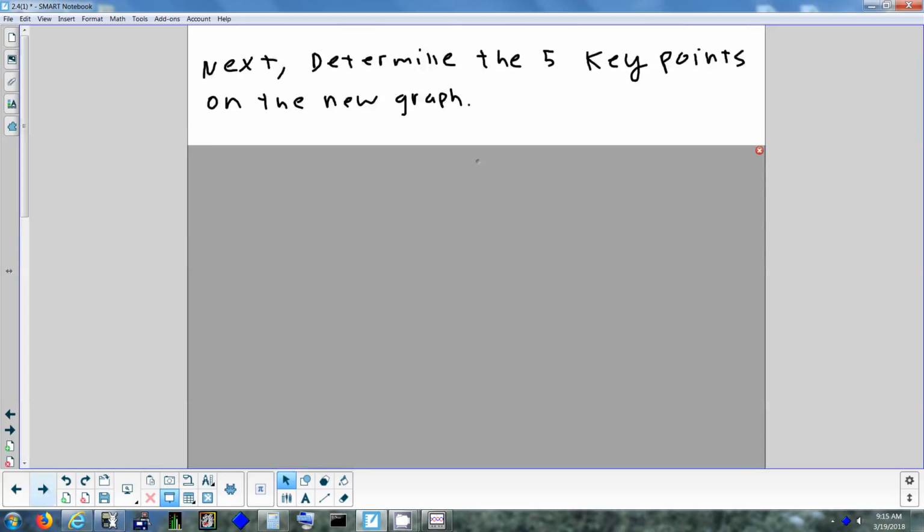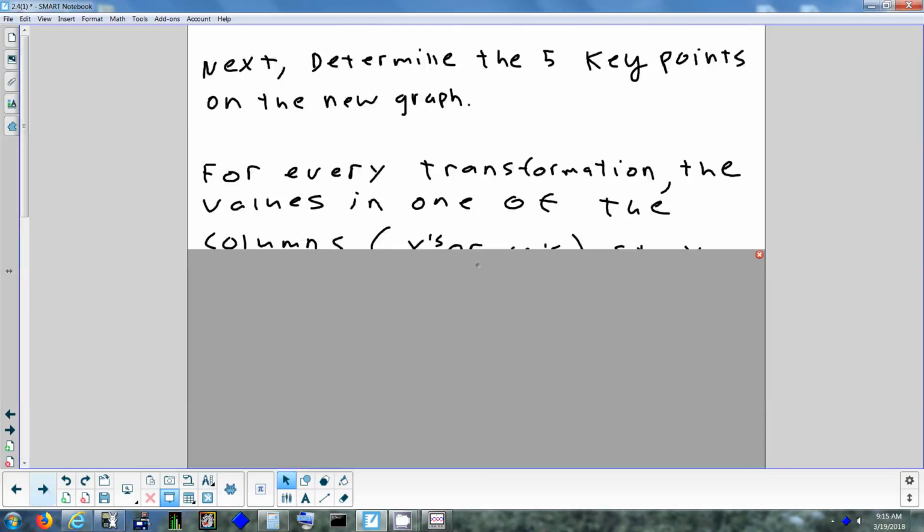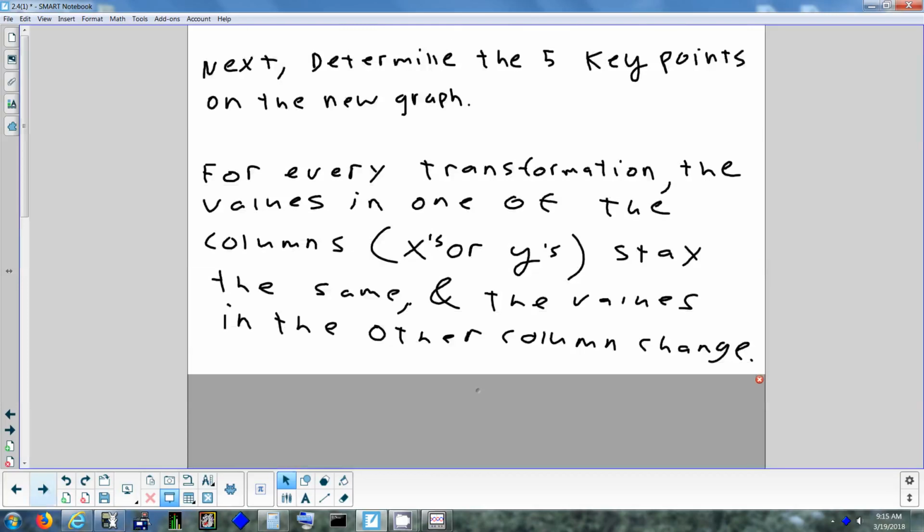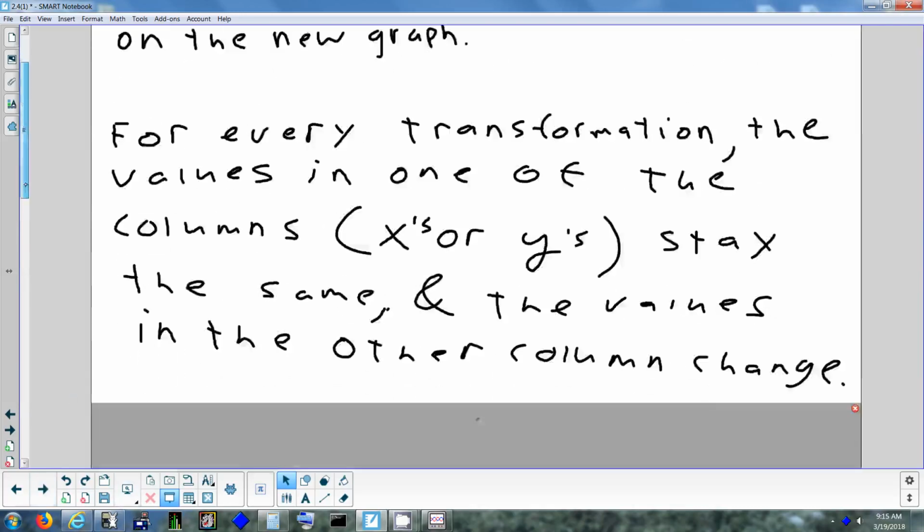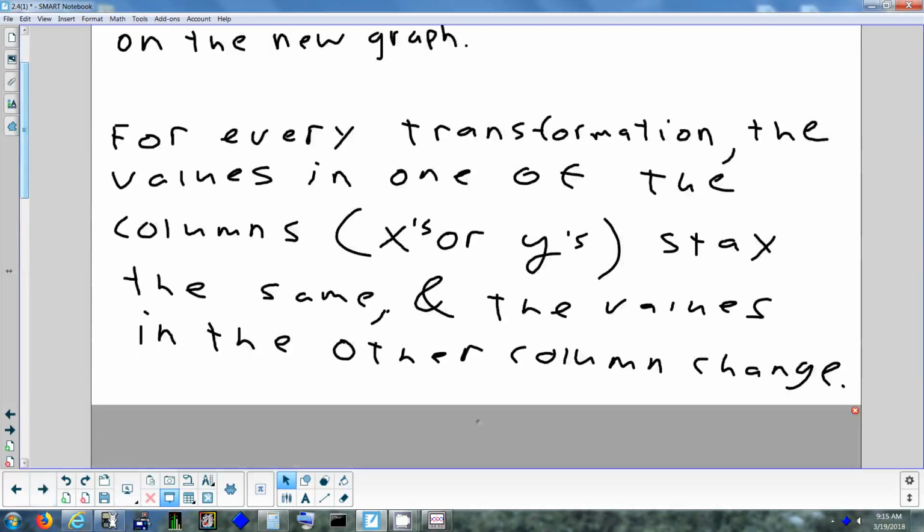So this is the first part of what I just said. Show me the table. Tell me what the 5 coordinates are for your new graph. Now, the way we're going to do transformations, we're only going to do one transformation at a time per problem.